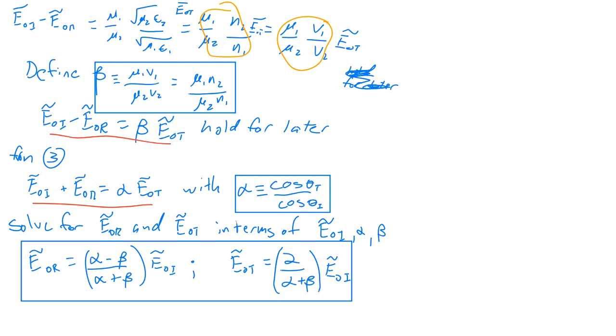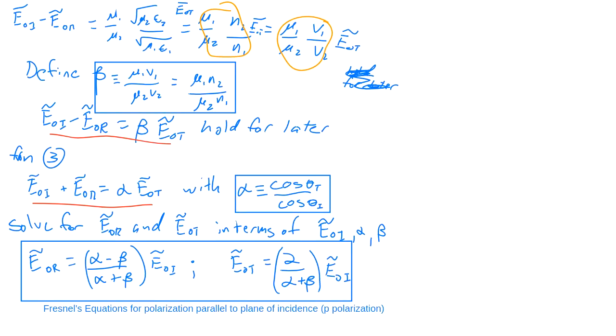So these are called Fresnel's equations, again another French name, for polarization, and we were doing specifically the case of polarization parallel to the plane of incidence.